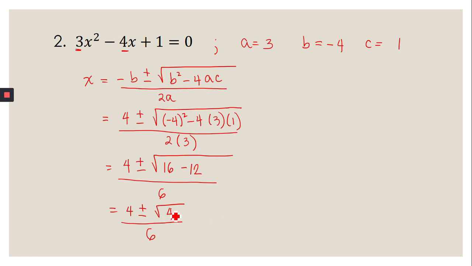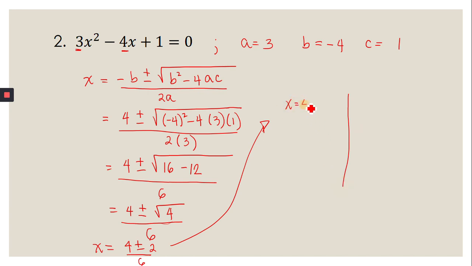Now here you have to get the square root of 4. So x is equal to 4 plus minus the square root of 4 is 2 all over 6. Right? Now here you have two values for 2, one positive and one negative. So we have to create two equations for x.